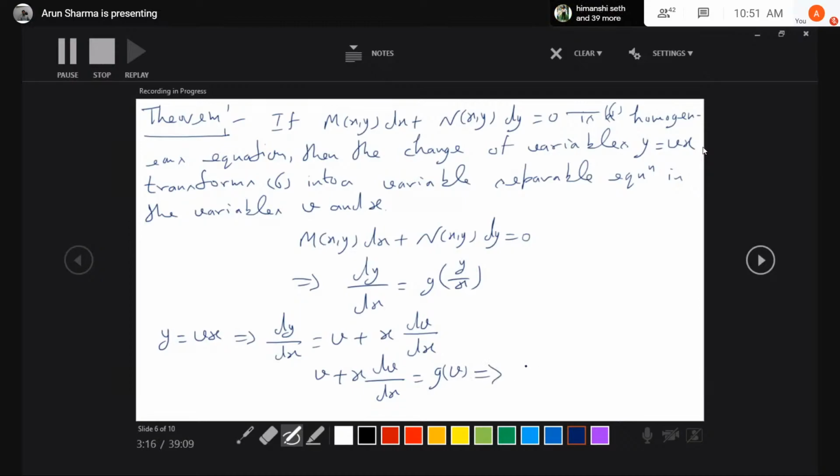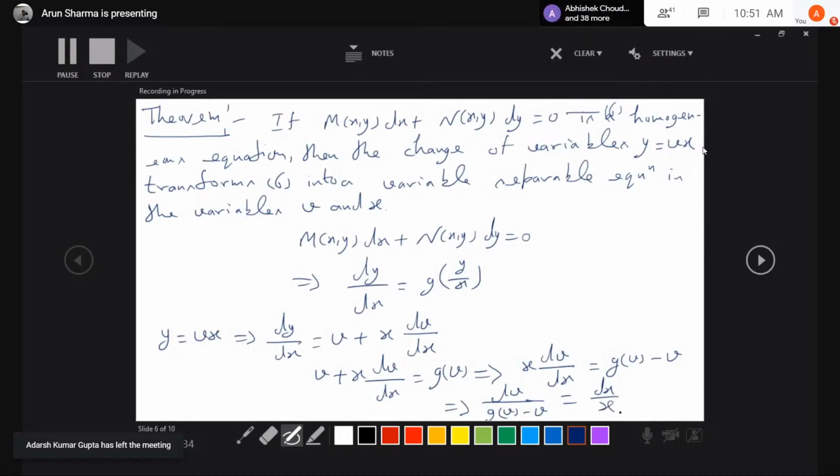And this implies x dv by dx equals g of v minus v, and this implies dv upon g of v minus v equals to dx upon x. And it is variable separable type.